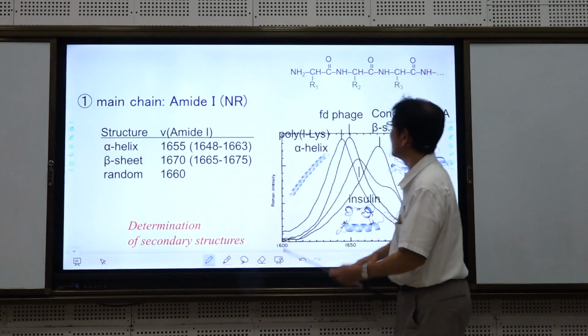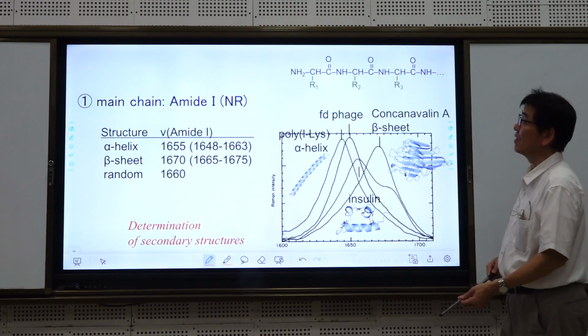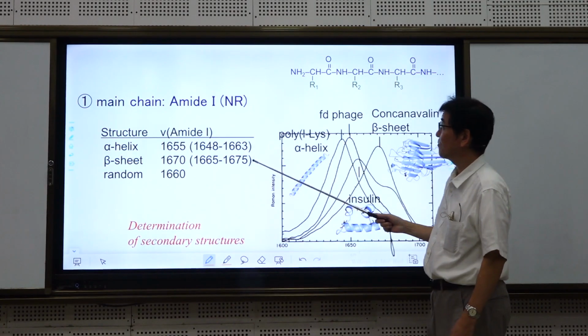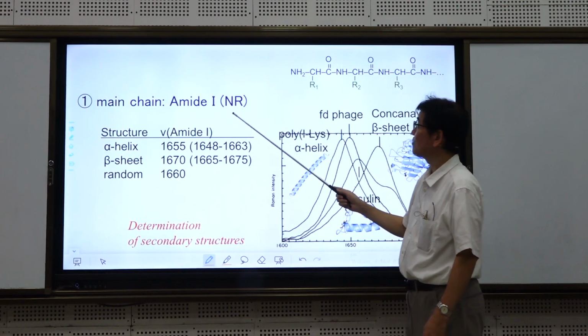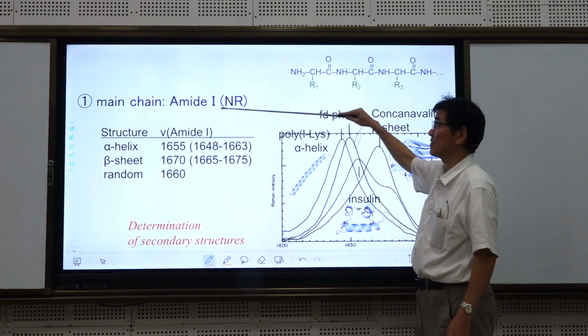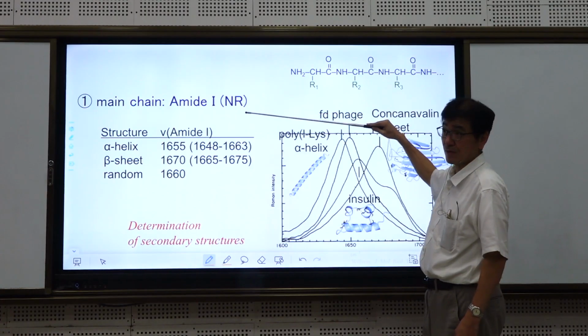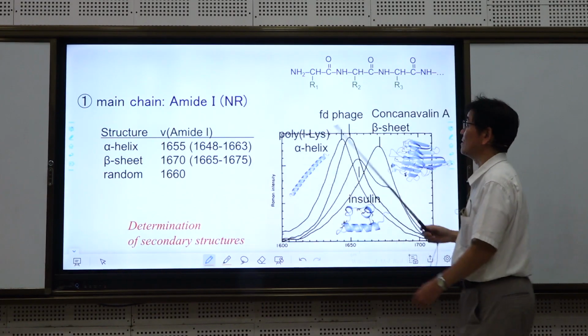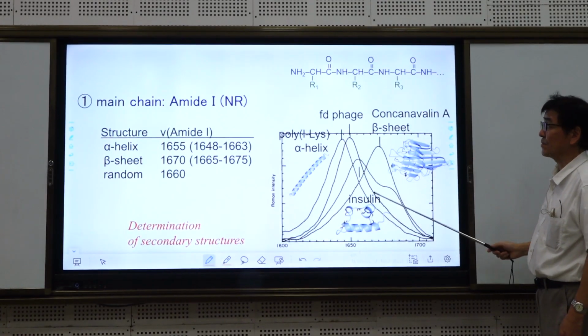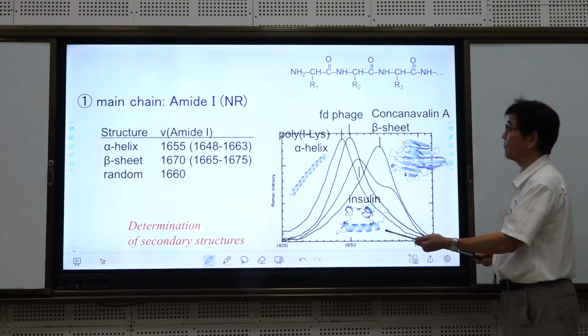First is an example of the amide 1 analysis. The amide 1 band that appears in the non-resonance Raman spectrum is useful for peptide secondary structure analysis.